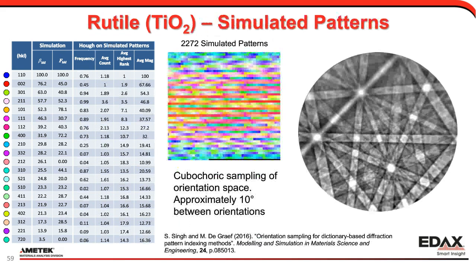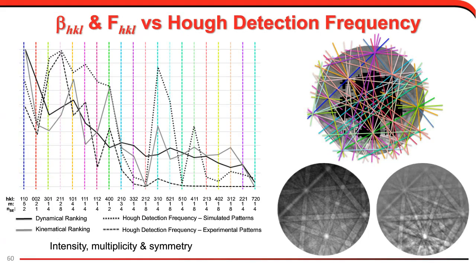So once again, I did a cubic cork sampling of orientation space. In this case, we don't need a fine one, we just need a coarse one. We just need an approximate. So we went with 10-degree target misorientations. And so you can see this is a busy plot. Couldn't figure out a better way to present it, but you can see the dynamical ranking is the black solid line, the kinematical is gray, the Hough detection frequency on the simulated patterns is the dotted line, and the dashed line is the Hough detection frequency on the experimental patterns.